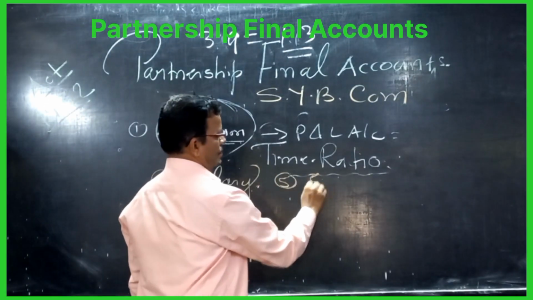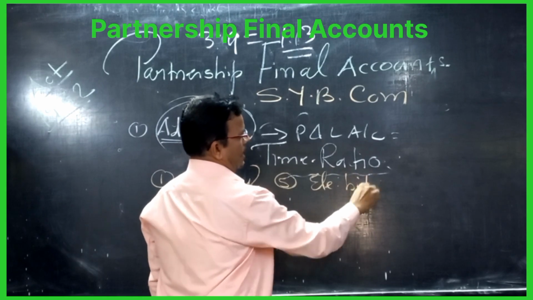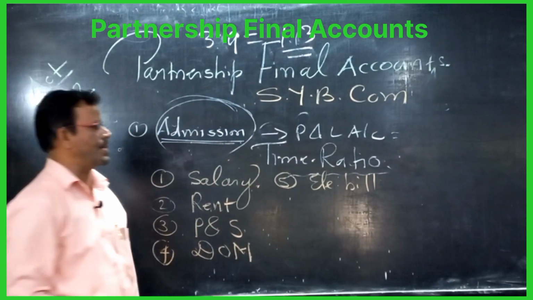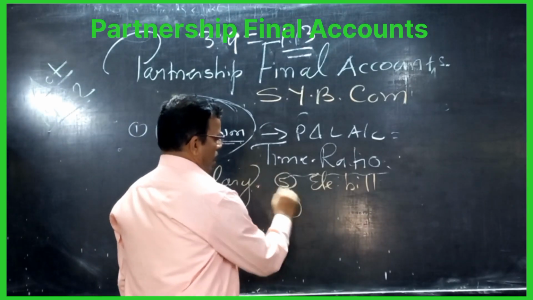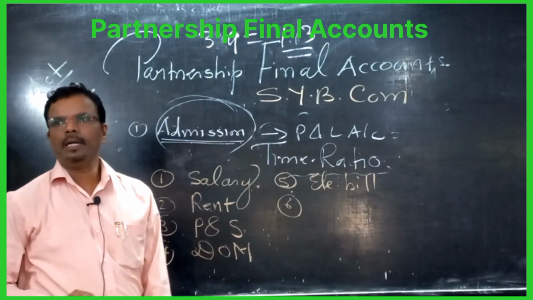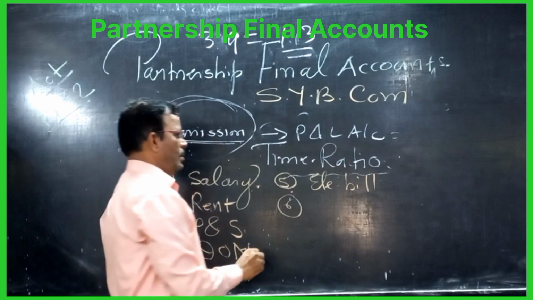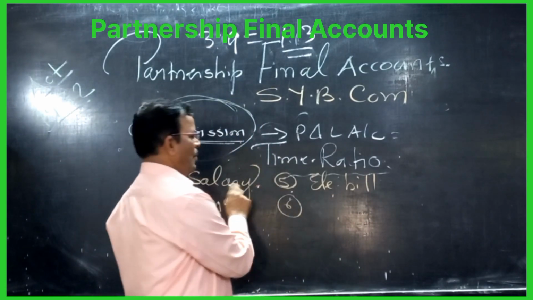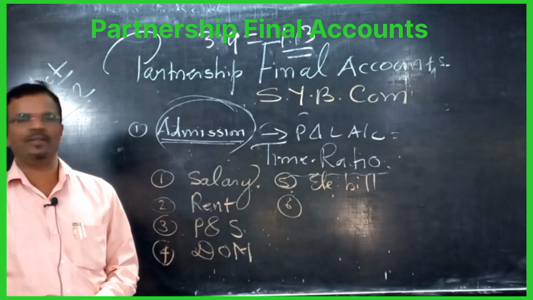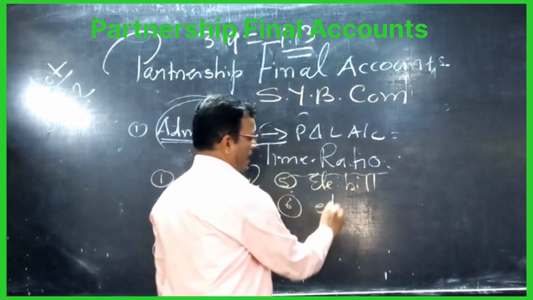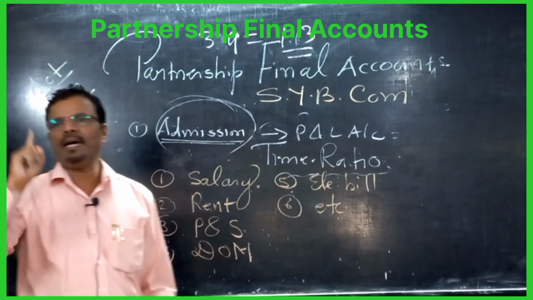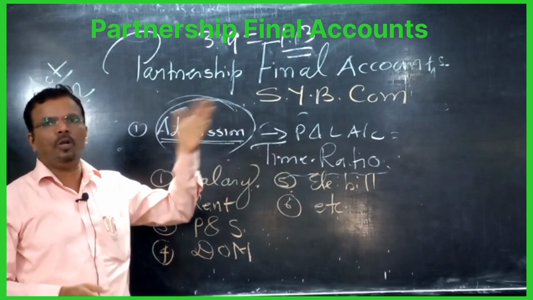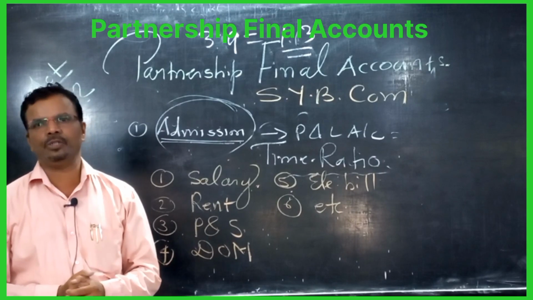Electricity bill is always divided on time ratio because that is always fixed. Wages depend on the sales. Etcetera. There are so many expenses which are always fixed and that are always divided on time ratio.